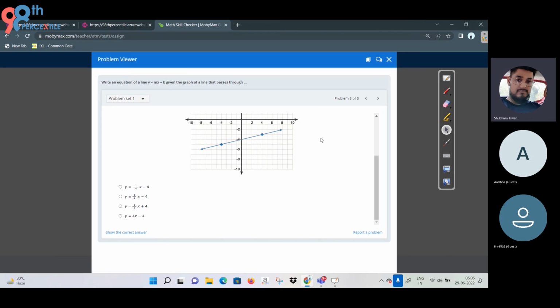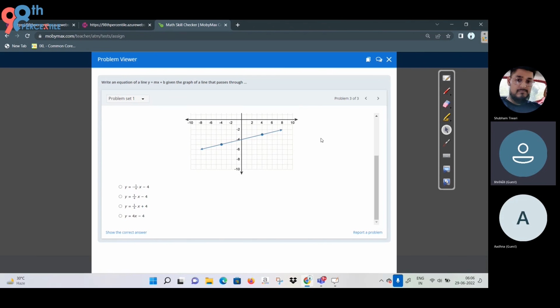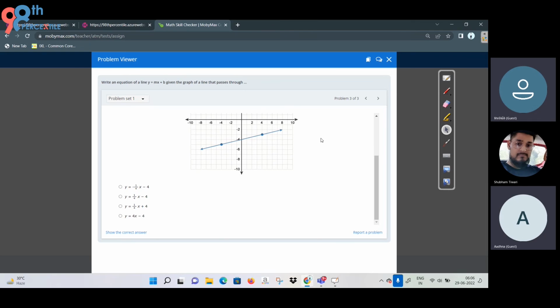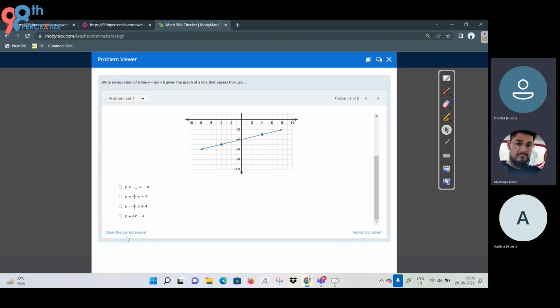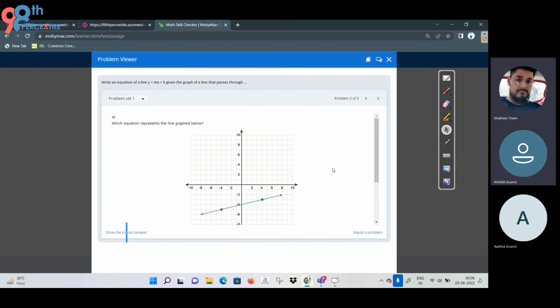Shreyas, what do you think? Which option is correct? I'm still solving it really quick. Your answer was the second one, Aadhna, if I remember. Yes. I got the second one too. You got the second one. Let me check. Yes, second one is the right answer. Good job, both of you.